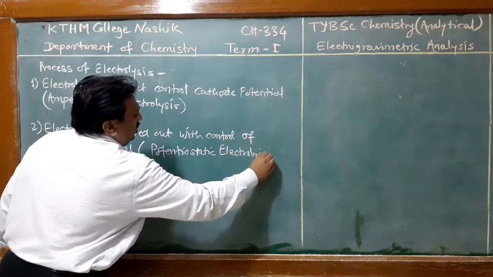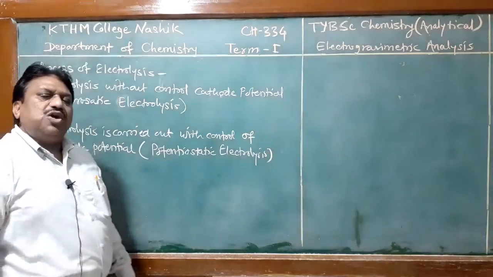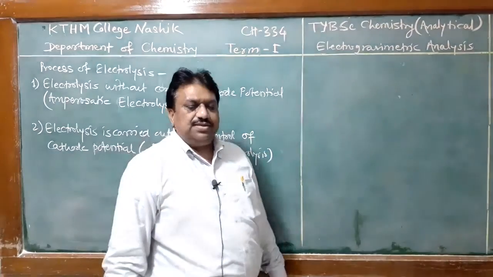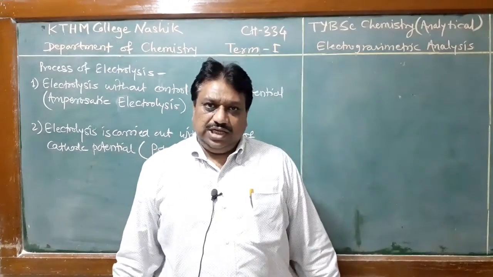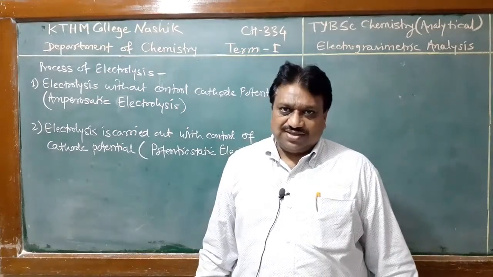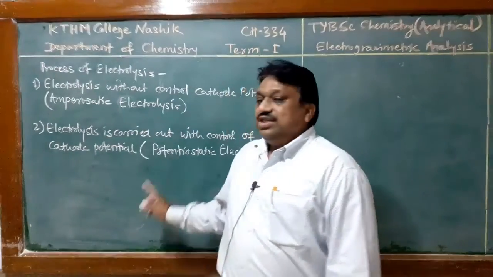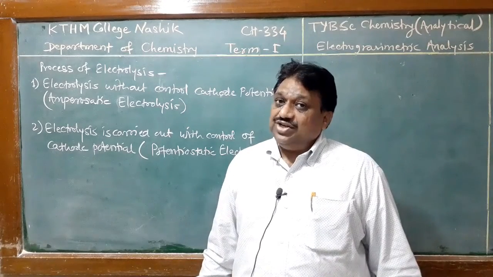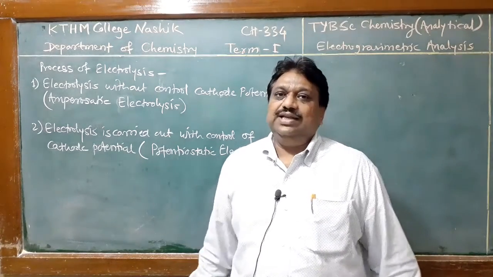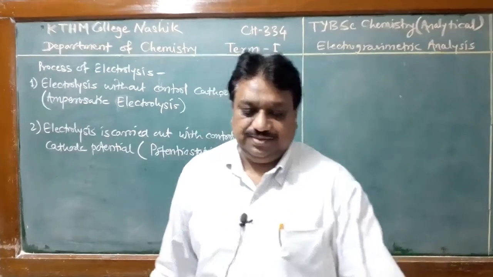Therefore, the electrolysis process is broadly classified into two categories. First type is amperostatic electrolysis, in which current is constant. Second one is potentiostatic electrolysis, in which the potential of the working electrode or cathode is constant.